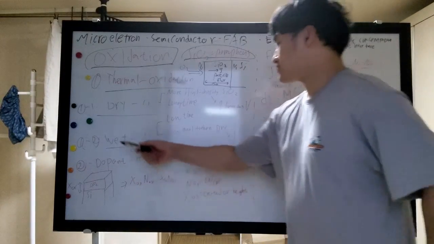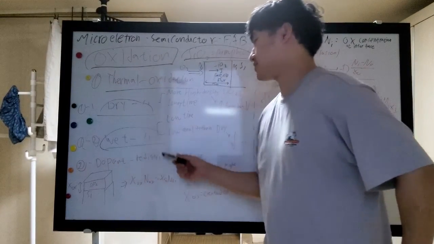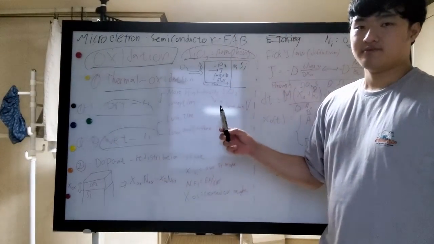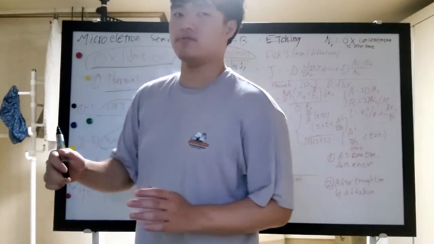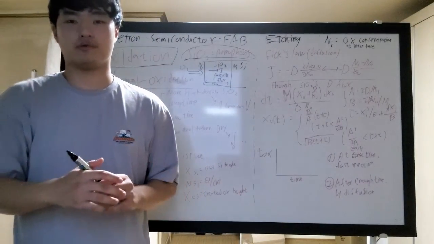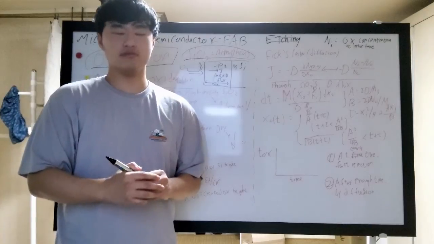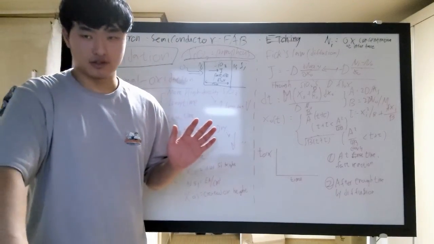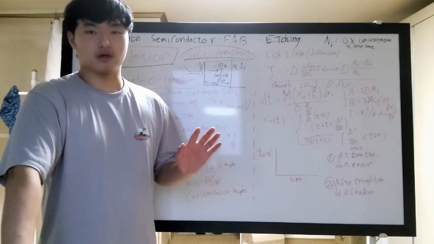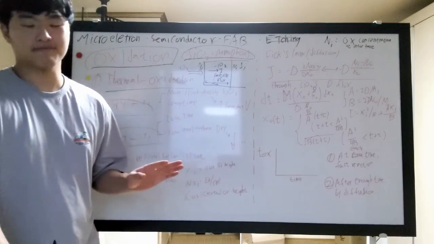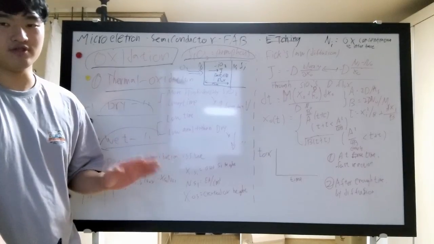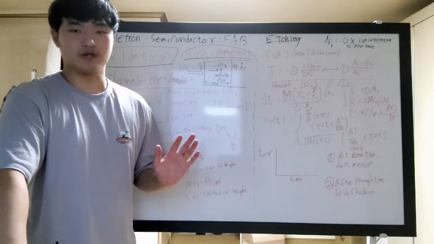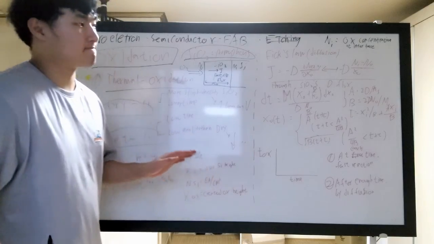Okay, first the dry process and the wet process. For the dry process, we inject oxide, double oxide, to the silicon wafers, and if the oxide has enough internal energy to cut off the covalent bonding between the silicons and insert between the silicon bonding, then silicon dioxide will be formed.